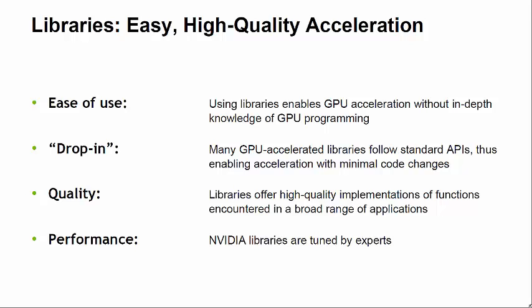So if there is a library function available for what you're doing, I strongly recommend you use the library function rather than writing your own code to do it. They are high performance, and they will be high performance in the future on future GPUs that you may not be thinking about now. In 5 years' time there'll be a new GPU, and maybe one of the parameters you've chosen while tuning is out by a factor of 2. So someone else can catch that and make it faster on the new GPU without you having to change any code at all.